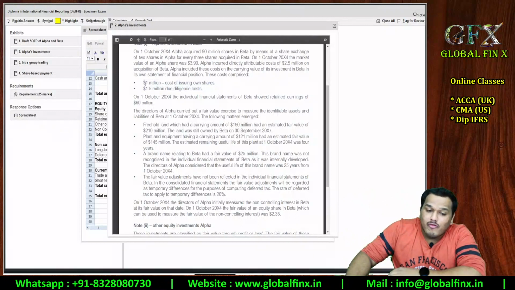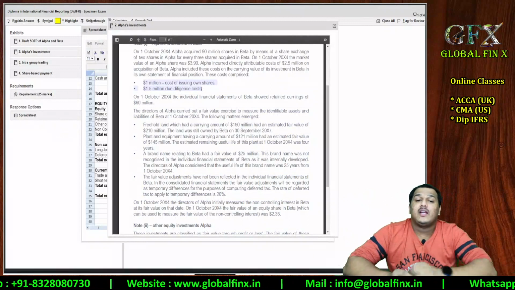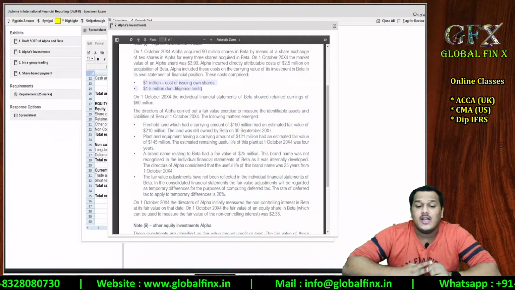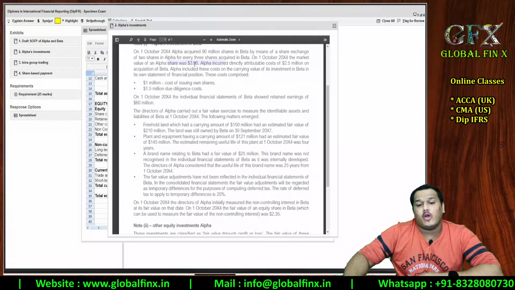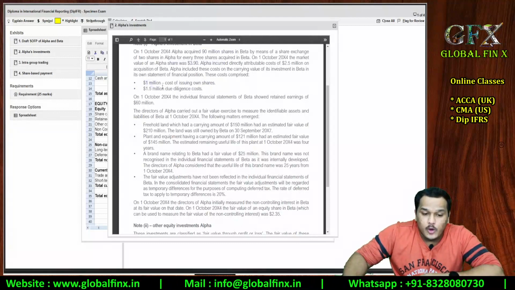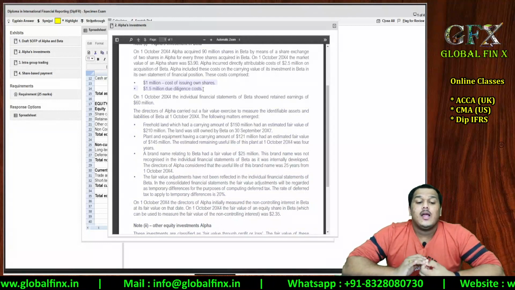So this cost of 1 million and 1.5 million shall not be considered as a part of consideration. Purchase consideration will only be 90 million into 2 by 3 into $3.9 per share. That's all. This 1.5 million and 1 million will not be included in consideration.